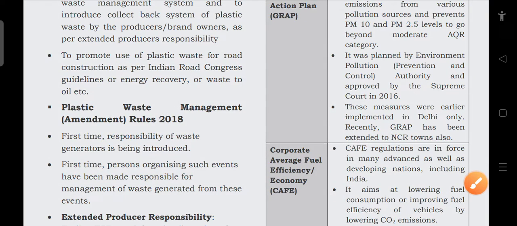Now, what did the 2018 rule tell us? The amendment introduced the responsibility of the waste generator. So they are responsible for the waste generated. For the first time, a person organizing such an event has been made responsible for management of waste. So in case of events also, the organizer is responsible and has to collect back all the waste.